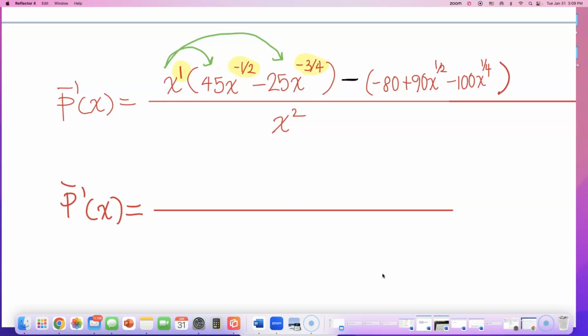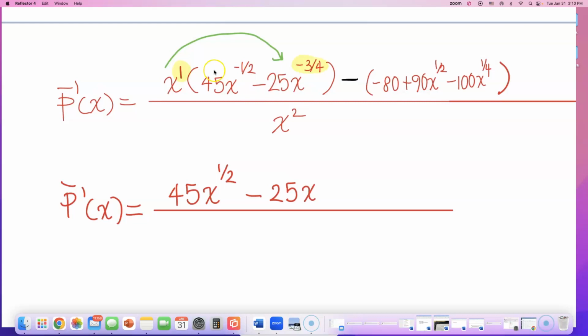So what's the top going to be? 45 x raised to the, add the two highlighted fractions for me. What is 1 plus negative 1/2? That's 1 minus 1/2. So we're going to be back up at positive 1/2. Minus, all right, next term, I'm multiplying x times negative 25 x to the negative 3/4 power.